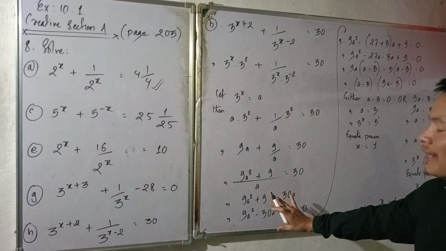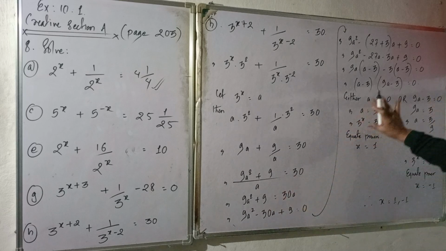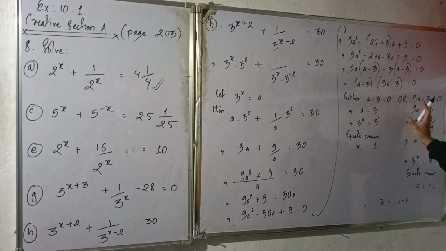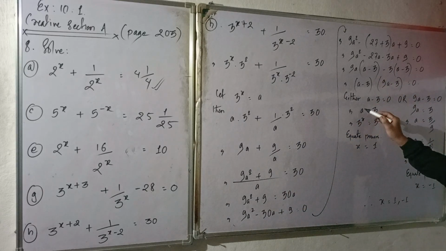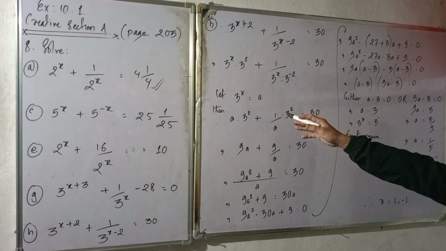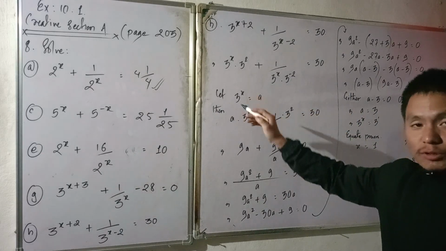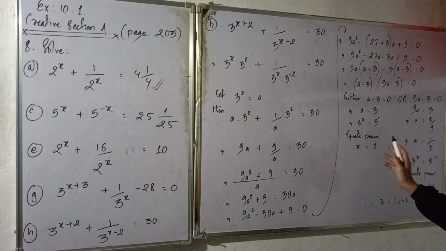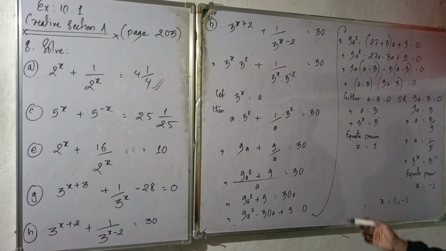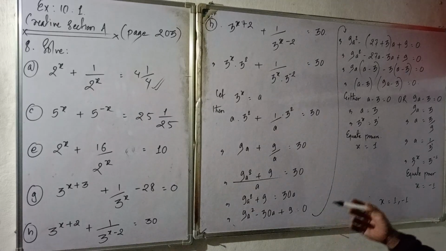Then you have to factorize, and after factorizing, replace the value of a by the original. Only then can you equate the powers by making the base the same. So many things are involved in here.